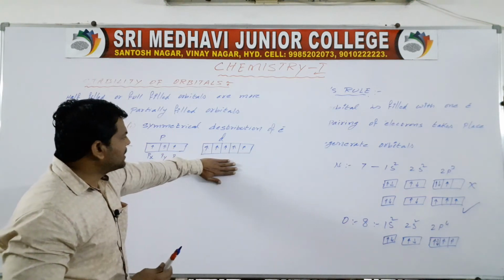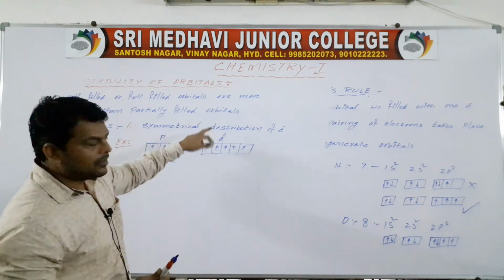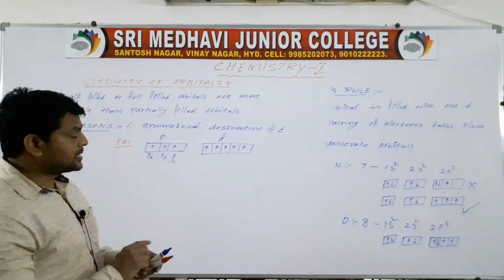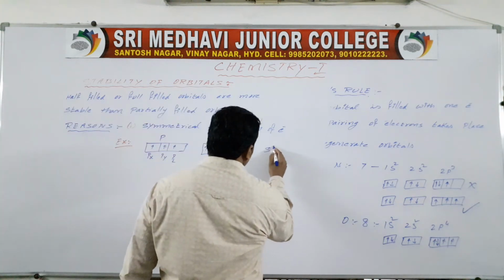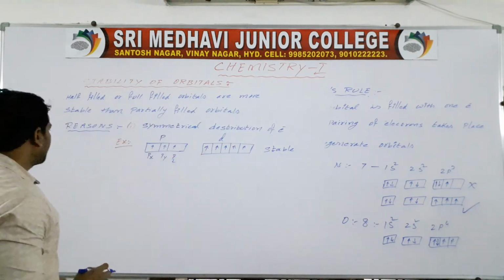In degenerate orbitals, electrons are arranged like this. The first electron is in a clockwise direction, which gives stability.